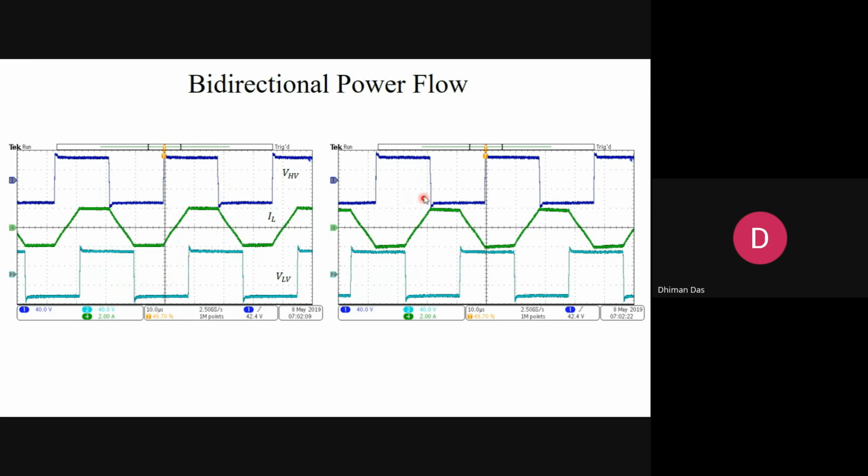So you can see when I change the direction input, this is leading bridge to lagging bridge. The cyan color is now leading, and this blue color is lagging now. That is why power is transferring in the opposite direction. This is the high voltage bridge and this is the low voltage bridge waveform.